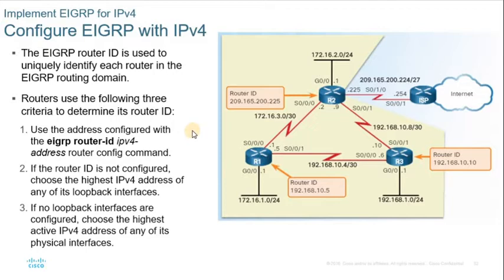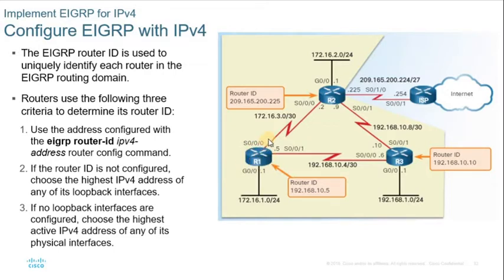So 1 and 2 are off the list already. The question is, what router ID will R1 use for EIGRP identification? The last option says that it will choose the highest IPv4 address of any of its physical interfaces configured on that particular router.